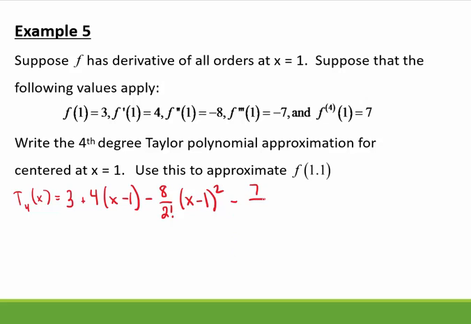Minus 7 over 3 factorial, because I'm looking at my third term, plus 7 over 4 factorial, times (x minus 1) to the 4th power.